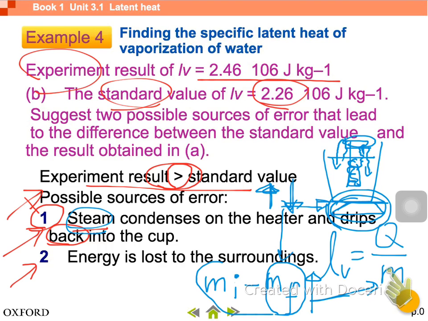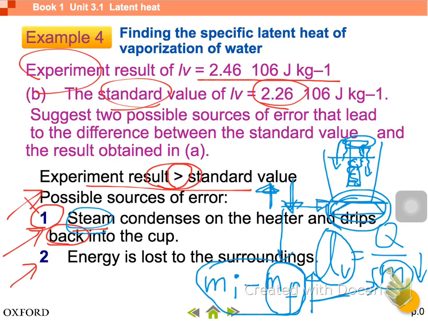So overall, the difference between initial and final mass reading will be smaller. And then this m will be smaller than the true value, and then the overall specific latent heat of vaporization, the experimental value will be greater than the standard value.